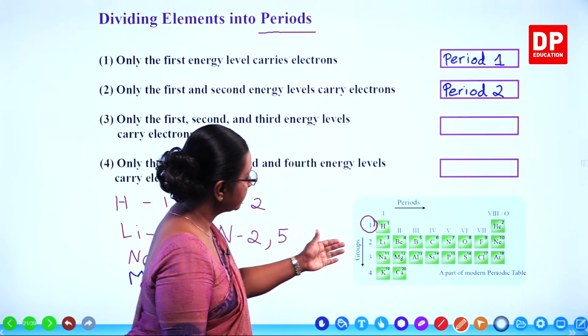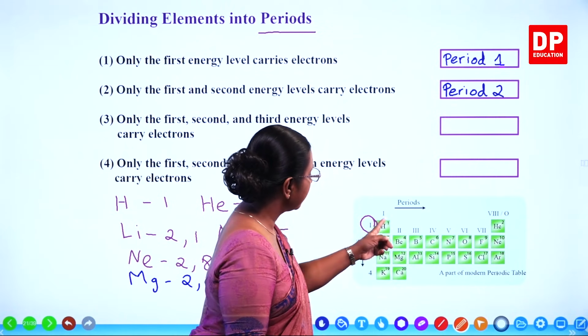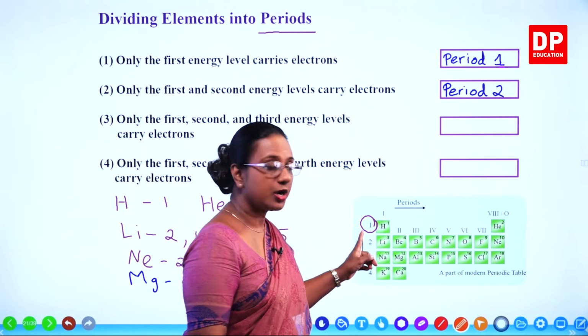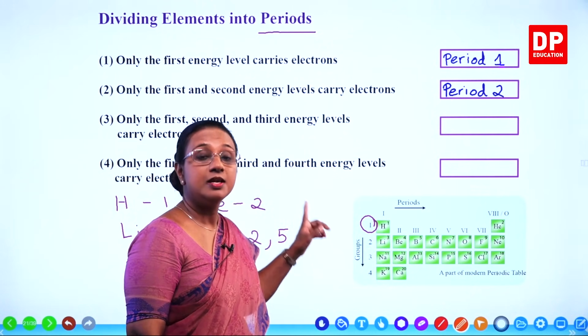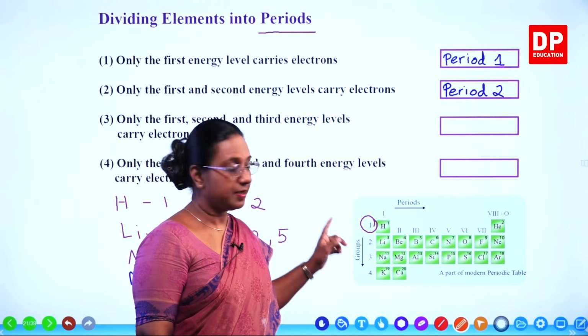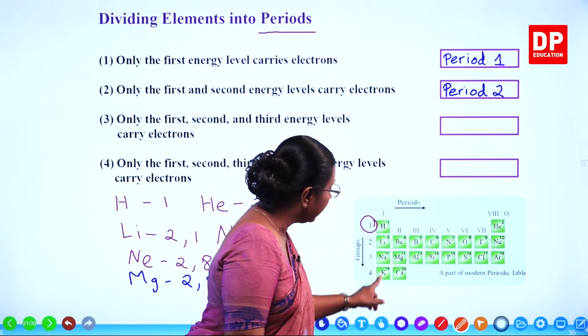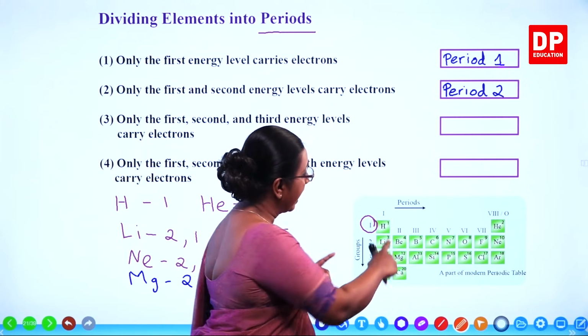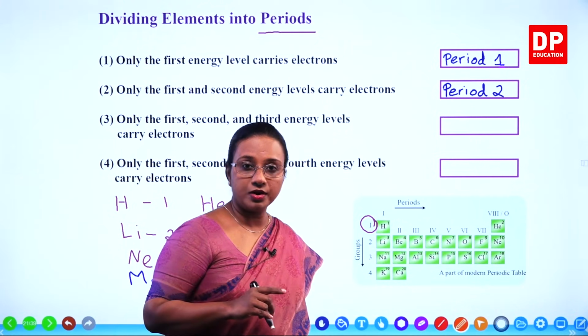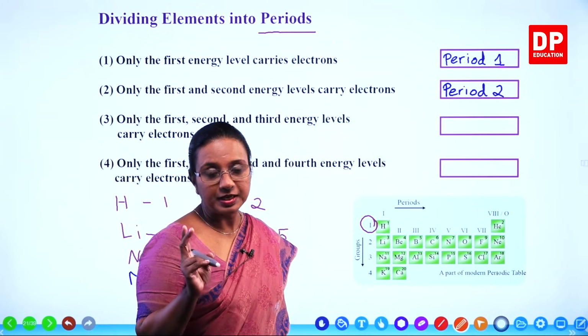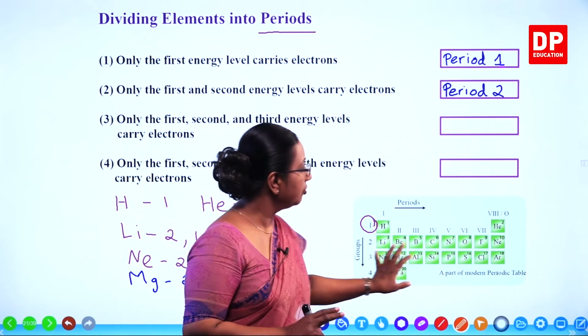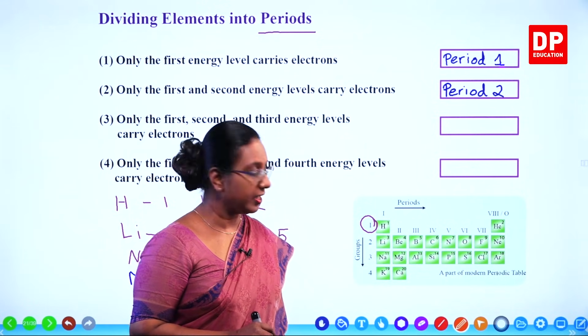In this periodic table, you would have noticed that atomic numbers are not written according to the standard format of the symbol, because this is not the standard format. It's the element that is denoted and the top right hand corner shows the atomic number. That is the way to use it in the periodic table.